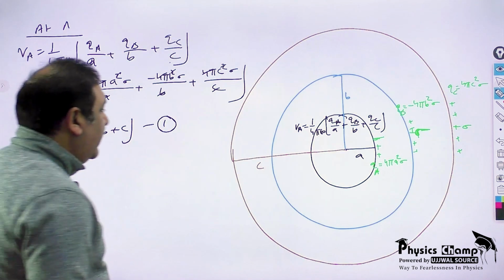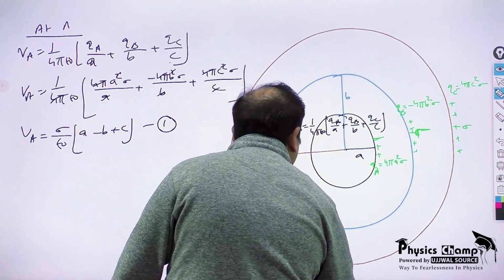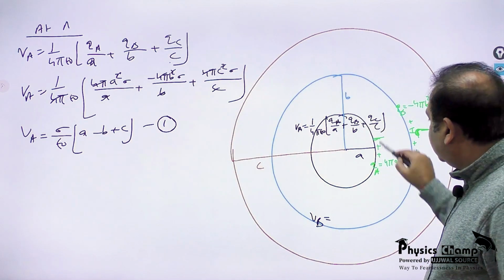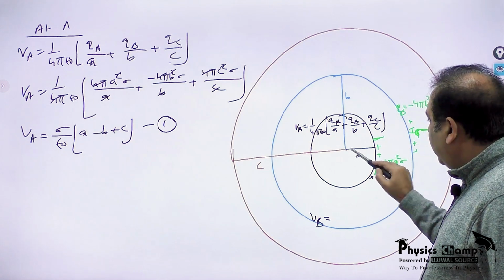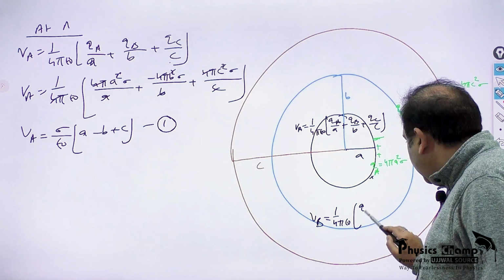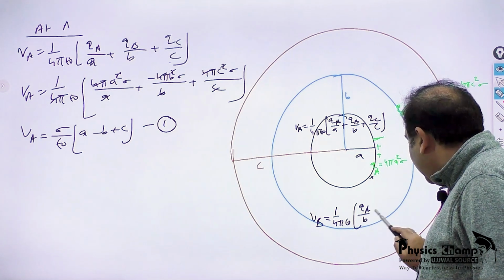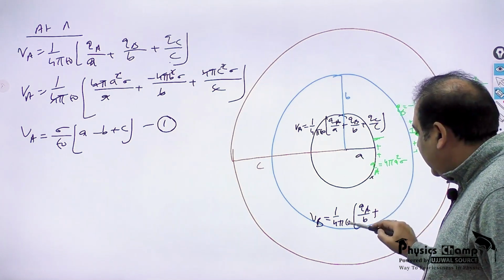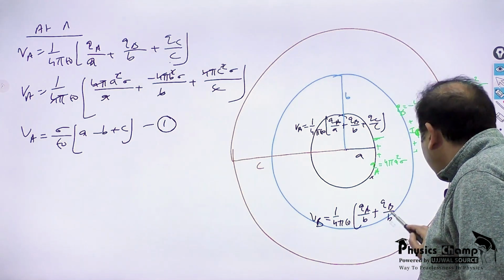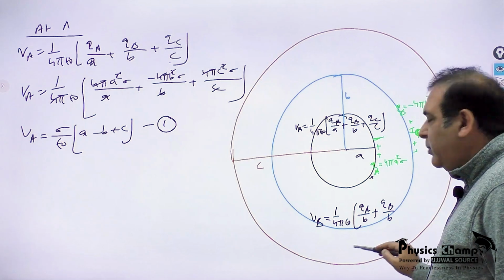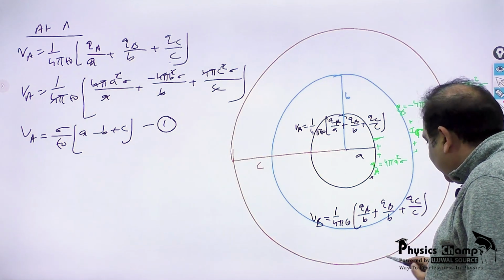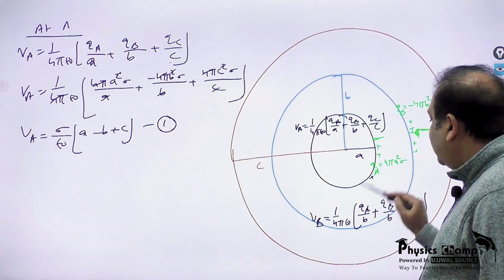Now similarly, I look for potential at B. Potential at B will be first due to the charge QA here. It will behave as though situated at the center, so 1 by 4 pi epsilon naught QA by B, plus QB by B, plus QC by C, because the potential of QC by C will come here as it is.